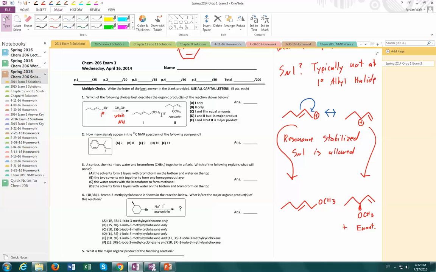Yeah, so this goes into some physical properties that we kind of skipped over. One thing we can say is that bromoform, which is CHBr3, plus H2O. Can these things react?